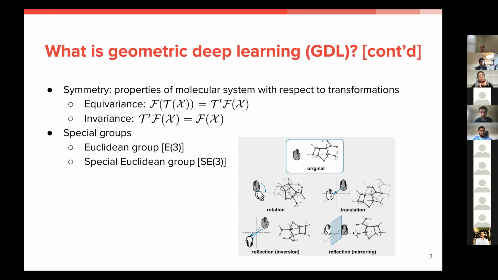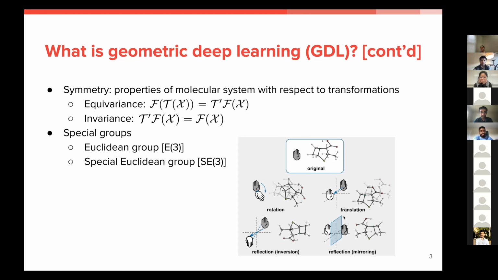If we apply, for instance, reflection on chiral molecules, we're going to end up with some other molecule with different properties. In this case, with chiral molecules, we don't want our neural networks to be reflection equivariant because we want to be able to differentiate between different molecules that are reflections of each other. We want to have different generated features for these molecules.